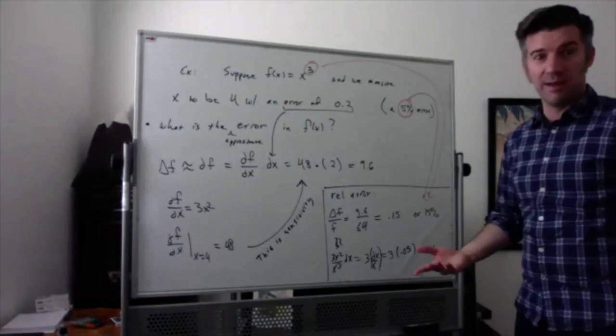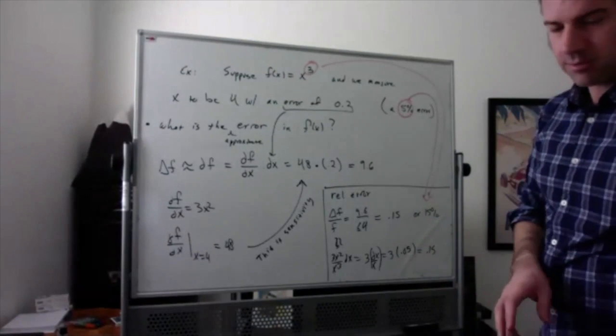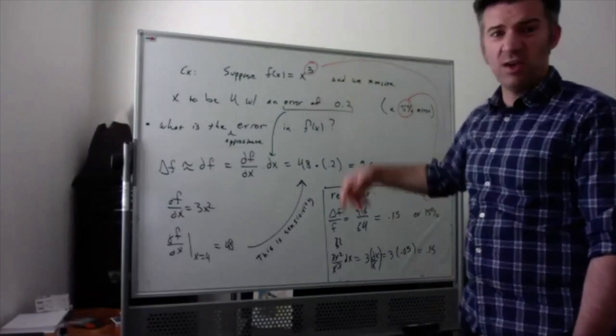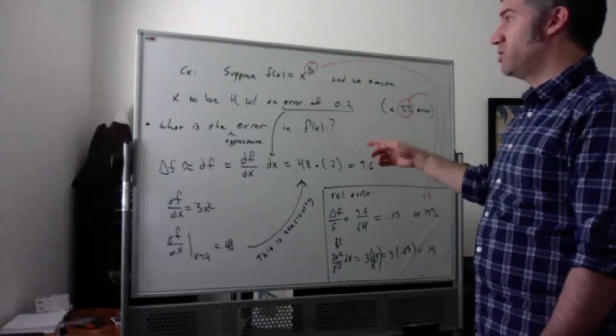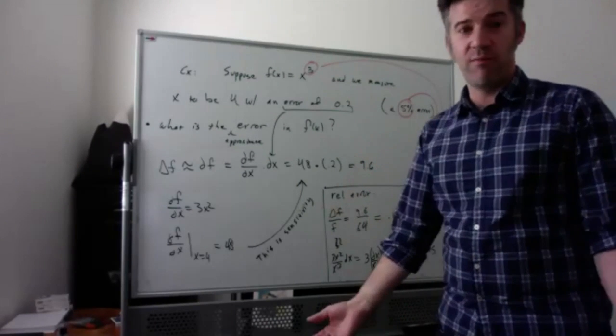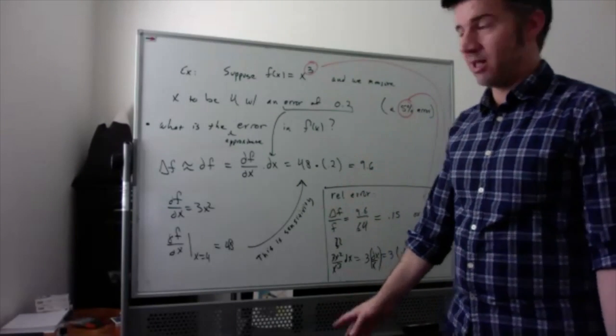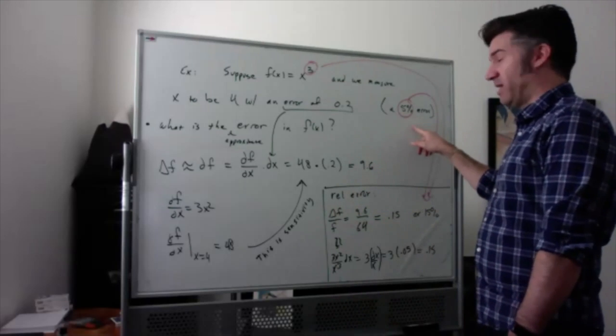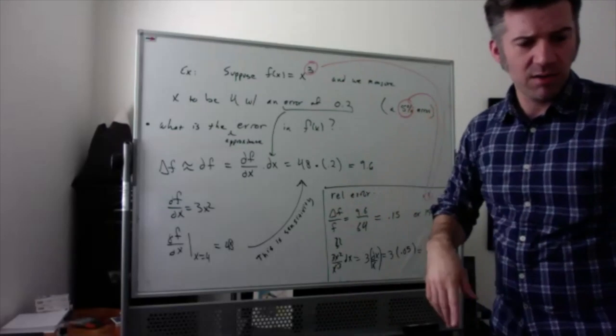So here's an example. It's a very basic example. Suppose our function is x cubed. And we measure x, the input, to be 4 with an error of 0.2. And I also wrote on the side here, that's a 5% error. How do you know it's a 5% error?